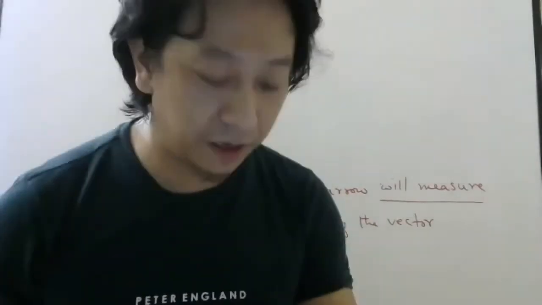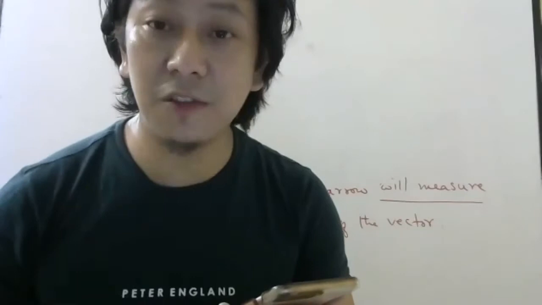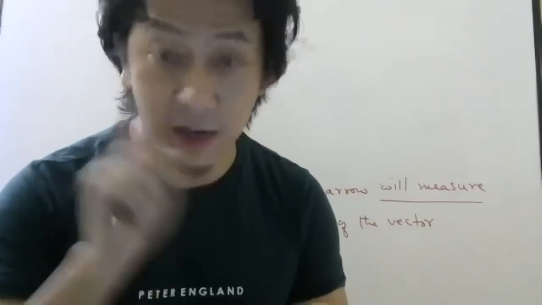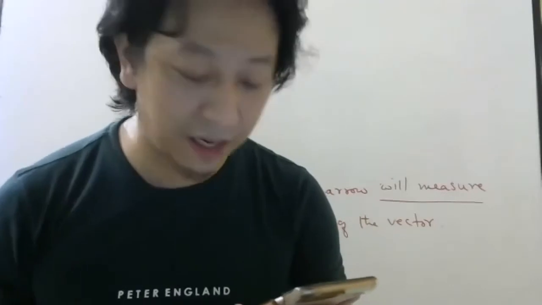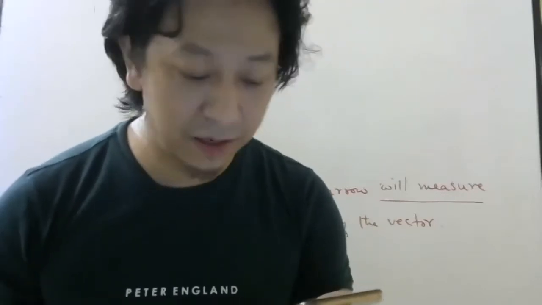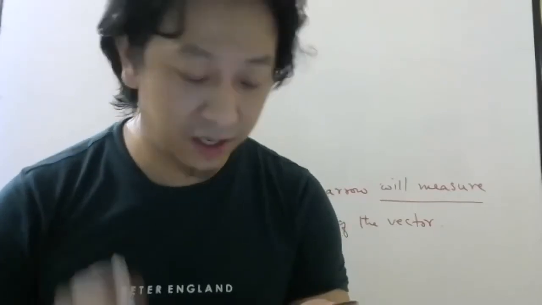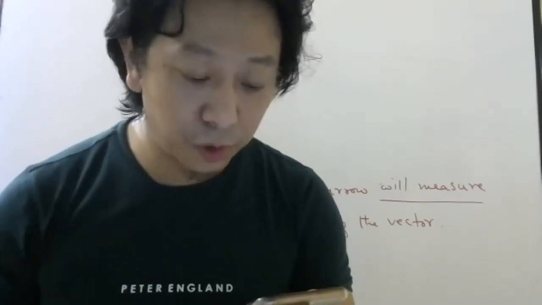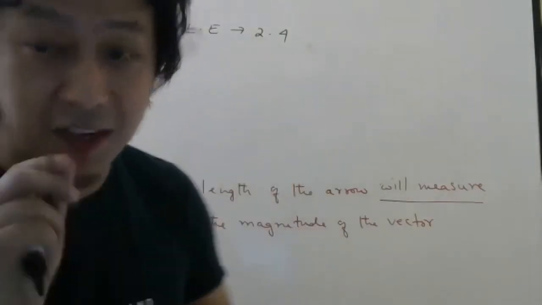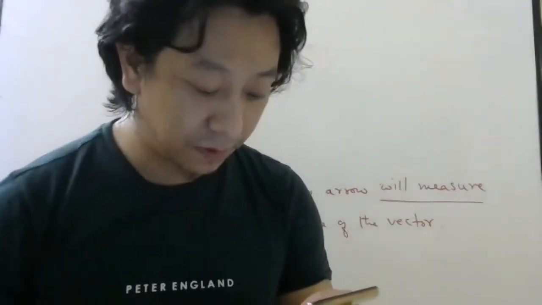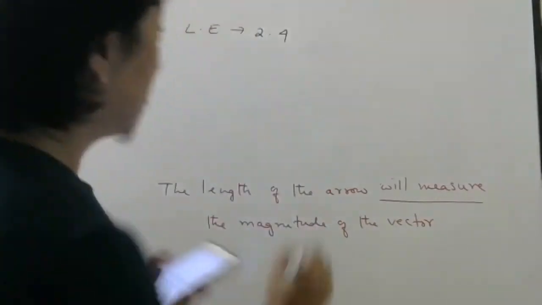So listen carefully. Three cars are moving with velocities. Velocity is a vector. 10 meter per second, 20 meter per second, and 5 meter per second towards east, north, and southwest respectively. Draw a vector diagram showing the velocities of the three cars. Whatever diagram I make is called a vector diagram.